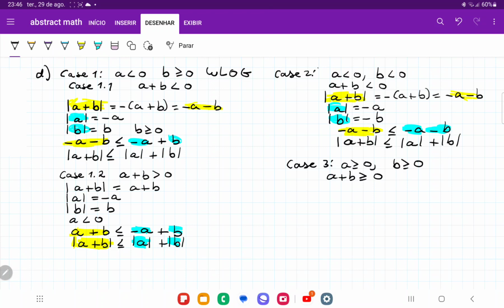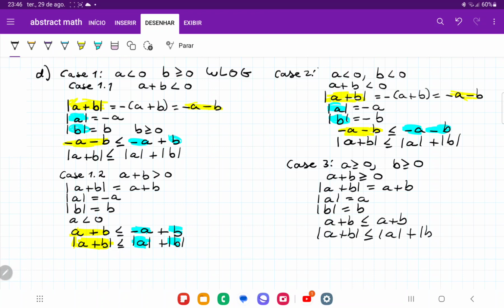And so the absolute value of A plus B is just A plus B, and then the absolute value of A is just A, the absolute value of B is just B. And so we have here that A plus B is less than or equal to A plus B, and so that is the absolute value of A plus B less than or equal to the absolute value of A plus the absolute value of B.